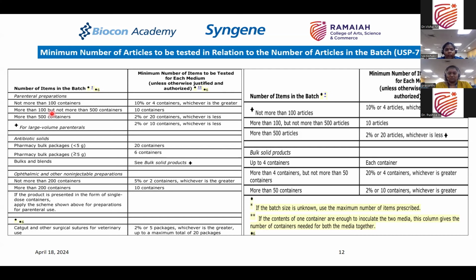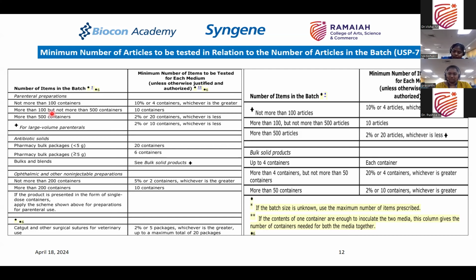Likewise, if it is more than 100 but not more than 500 containers, 10 containers. More than 500 containers, 2% of the containers or 10 containers, whichever is lesser. This is according to USP. Once again, the main aim of studying this table is to select the minimum number of samples. Why are we selecting?